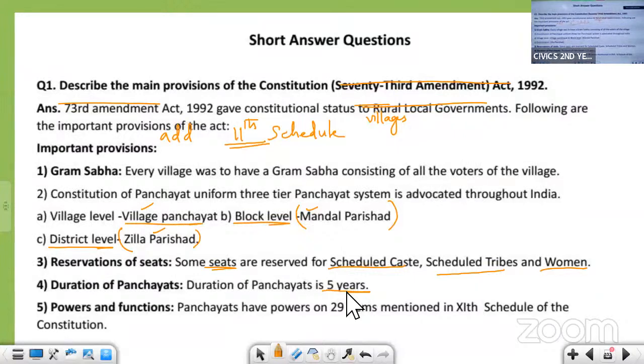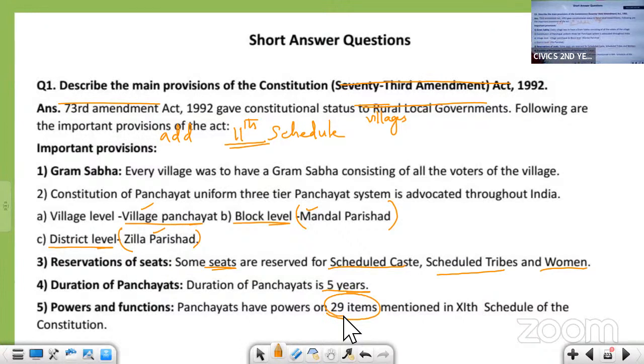And what are the powers and functions of panchayats? Panchayats have power to make laws on 29 items mentioned in the 11th schedule of the Constitution.